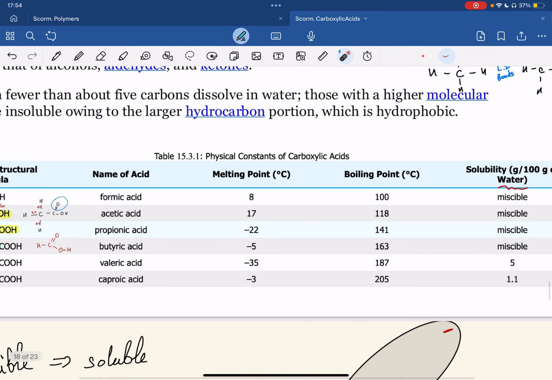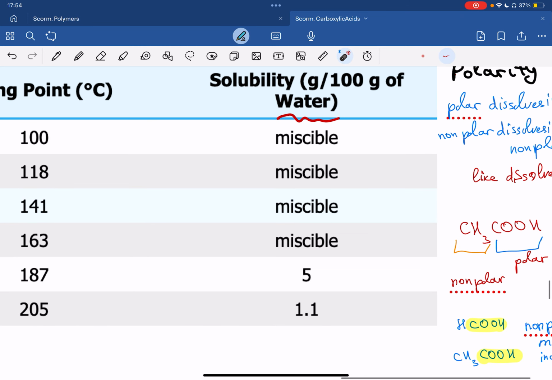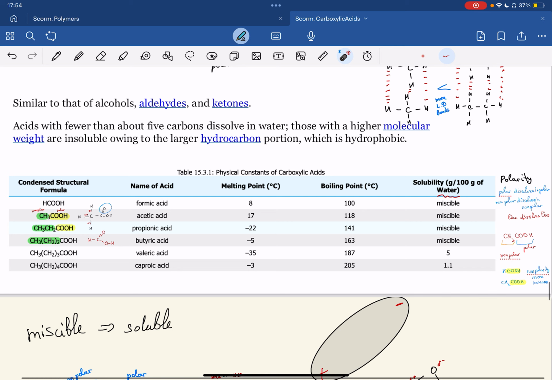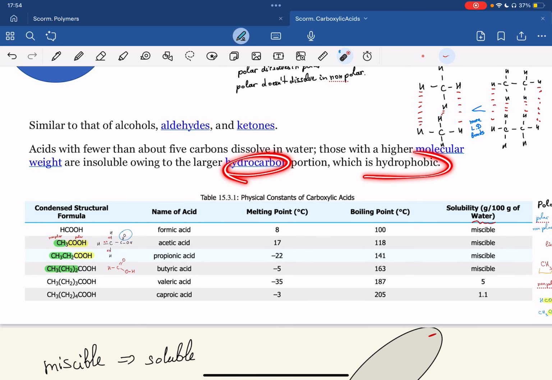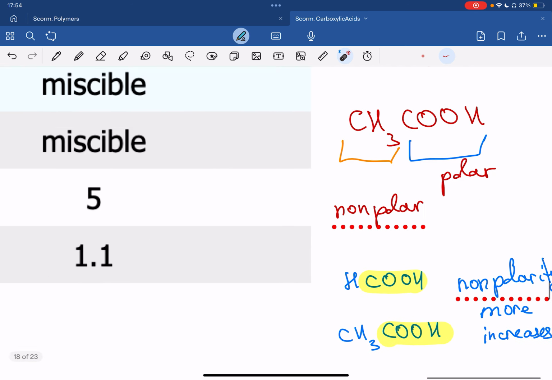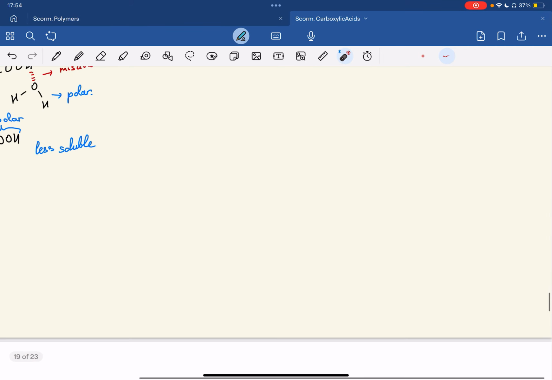Also know that valeric acid, with 5 carbons, should decrease because non-polarity increases, polarity decreases, and the solubility should decrease from top to bottom. Here we have included that the hydrocarbon part is hydrophobic. Hydrophobic means it hates water. Because we are increasing this hydrophobic part, it becomes less attractive to the water, so the solubility decreases.